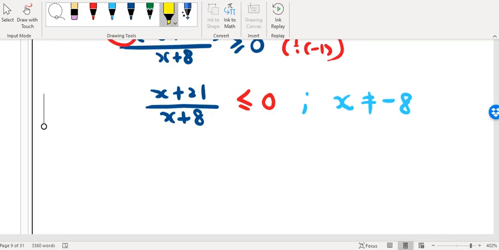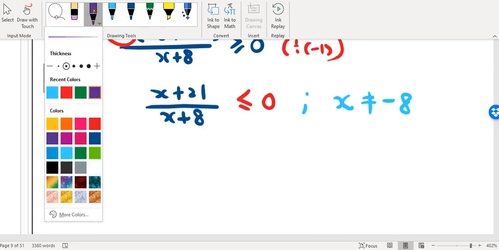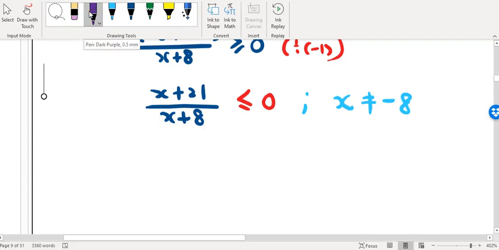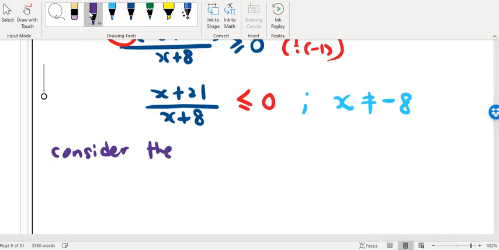So until this stage, since you have more than one x variable here, you may need to consider the critical values.